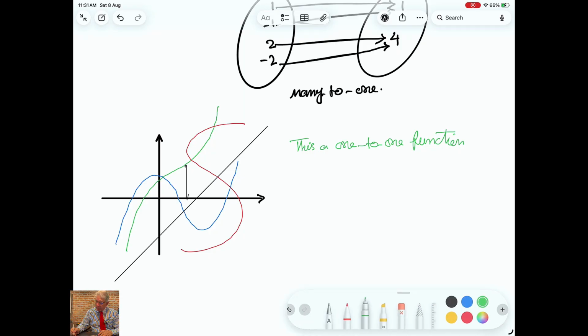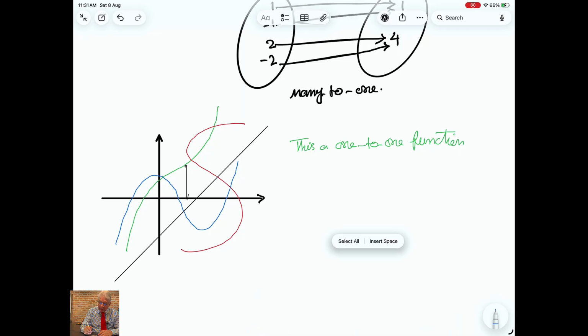Now let's see what about the blue color one. Blue color one, you can see that for every x you are going to get one y. For this x also you are going to get one y. But you can see that suppose this x has this y and this x somewhere here has the same y. Therefore these two have the same y.